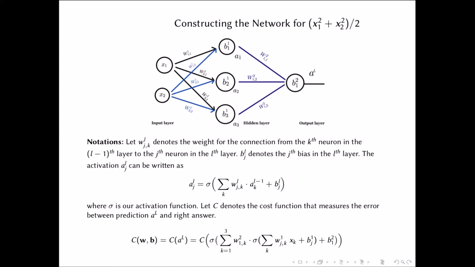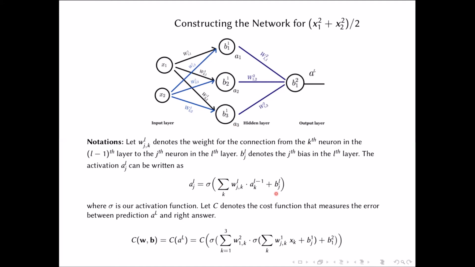So for example, this one, w^2_11, means the weight that connects from the first neuron in the first layer, which is the hidden layer, to the first neuron in the second layer, which is the output layer. And b^l_j denotes the jth bias in the lth layer. And the activation can be written as the activation function evaluated at the weighted inputs plus the bias.